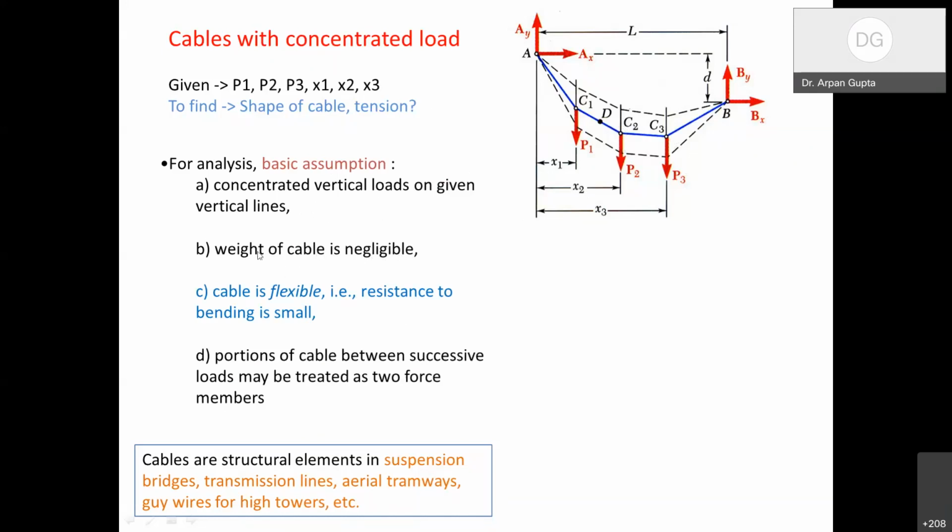Although in the third problem, we are not going to consider this assumption. The third assumption is that the cable is flexible, which means that resistance to bending is small, right? So it can easily flex, it can easily bend.